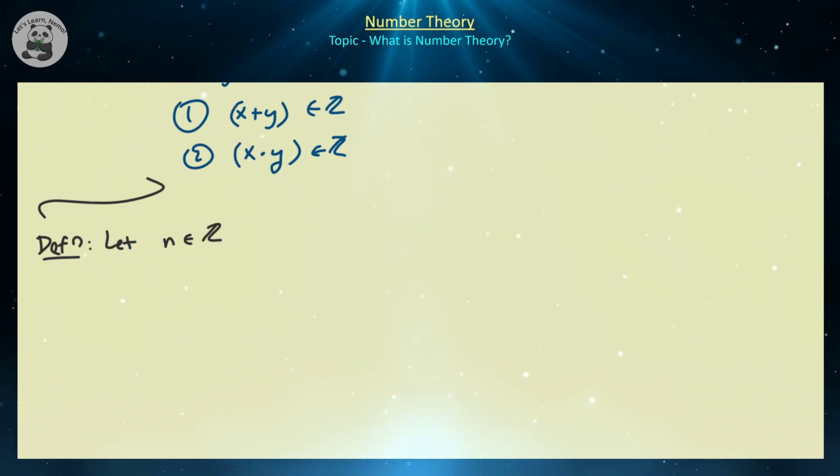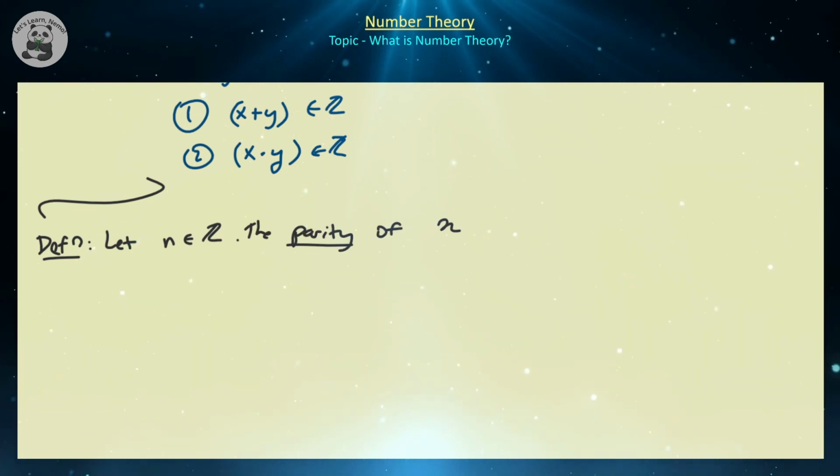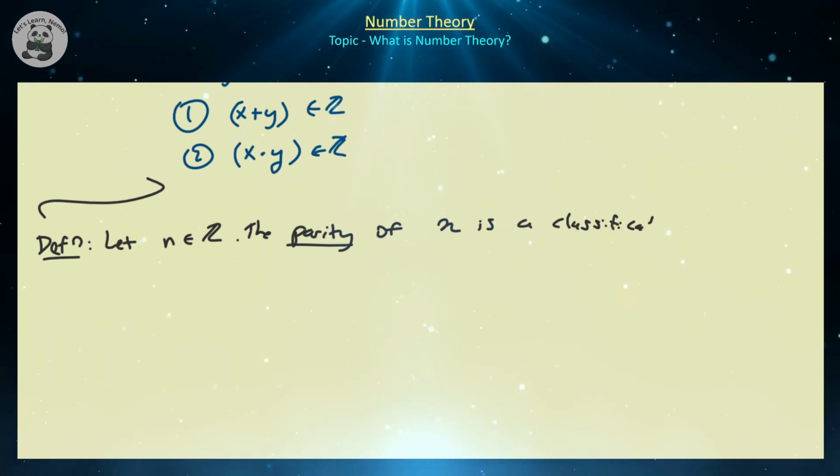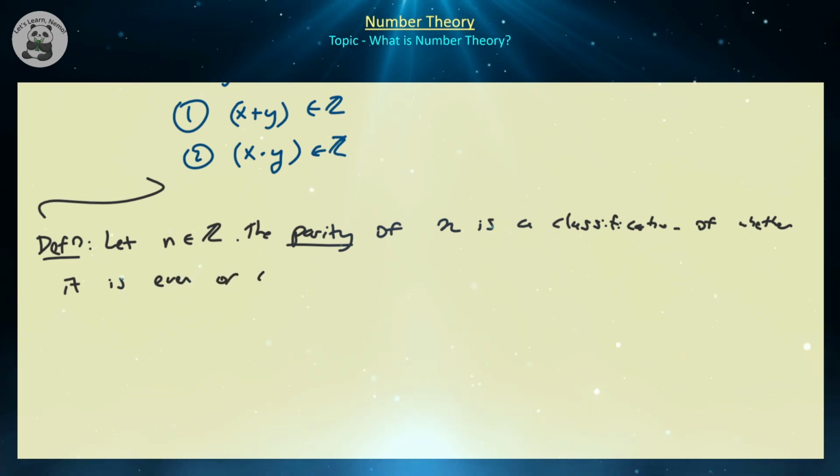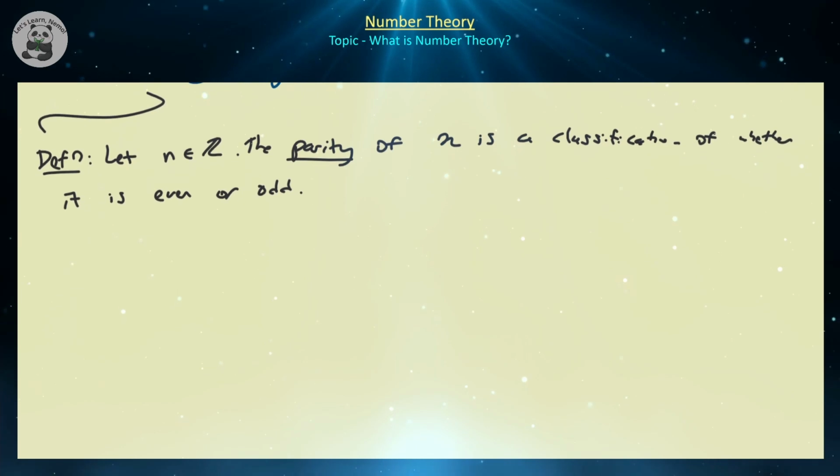So let's assume that n is an arbitrary integer. Then the parity of that number n is a classification of whether it is even or odd. In some sense, it's the ability of whether that number is divisible by 2 or not.